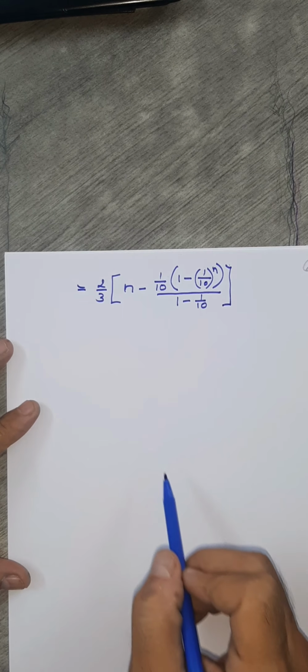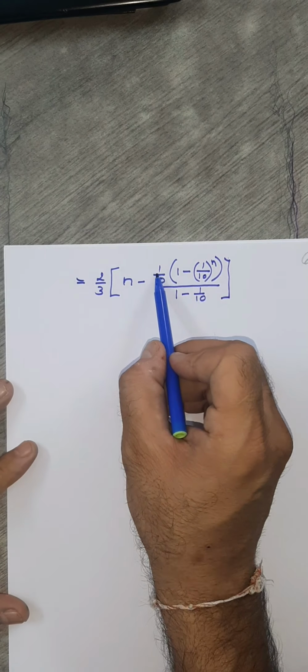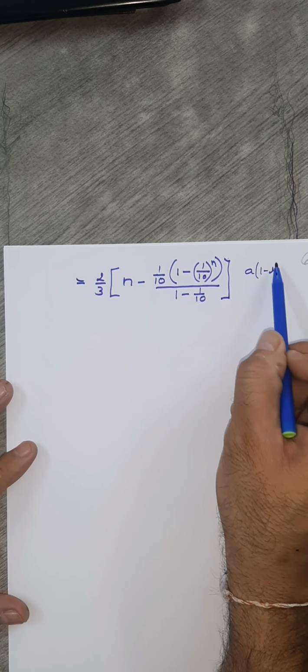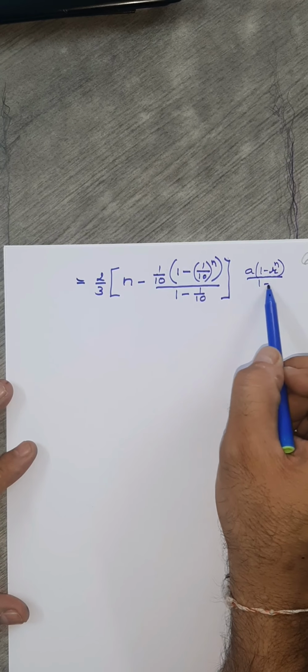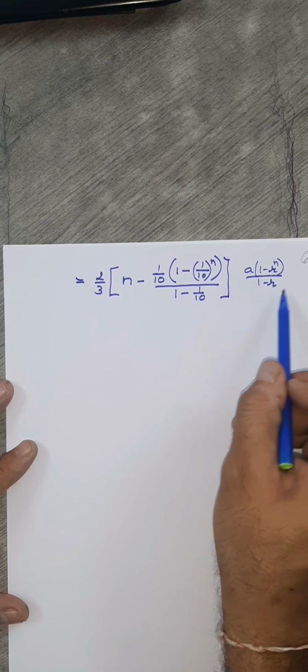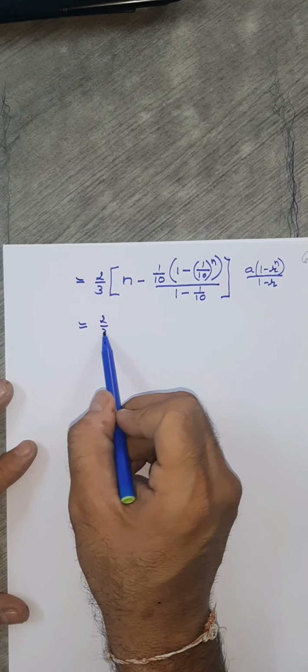Have you realized which formula I've used? A into 1 minus r raised to n upon 1 minus r. You can write r raised to n minus 1 upon r minus 1 also, remember, sum of the n terms of a geometric progression.